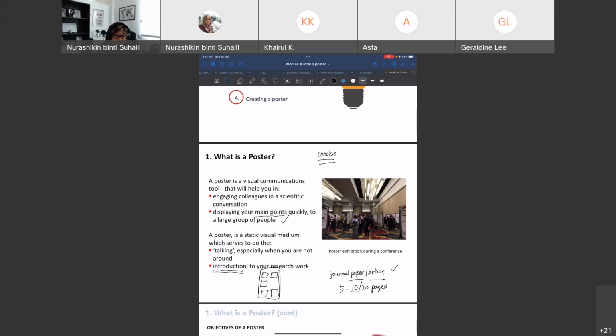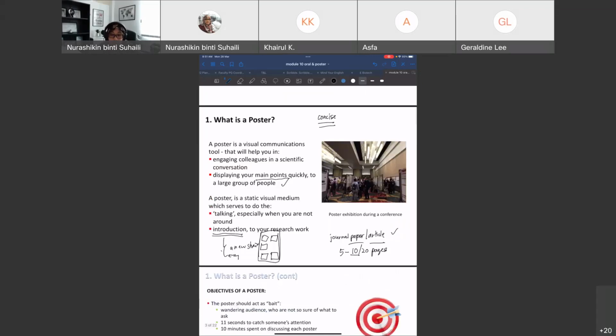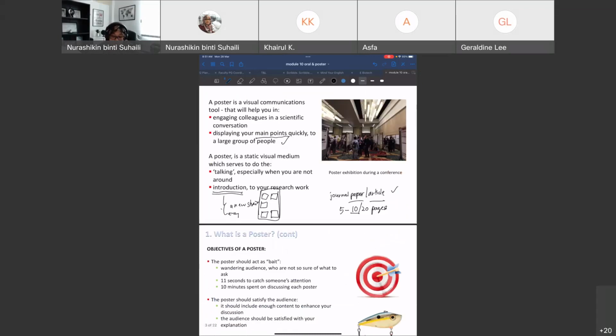Your main focus is to say that you are working with a new strain. People know that you are dealing with that, and producing enzymes, things like that. It's a very simple manner compared to the journal article. So that's what it meant by an introduction to your research work.